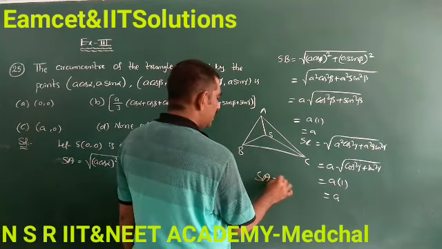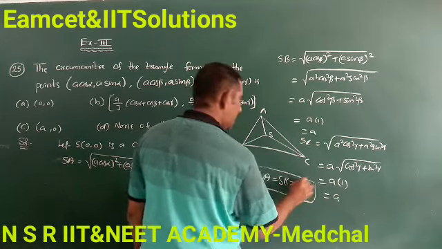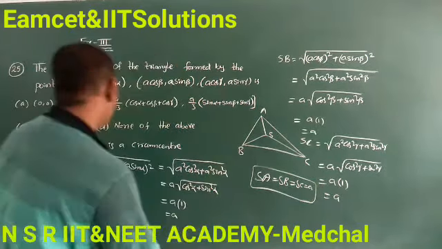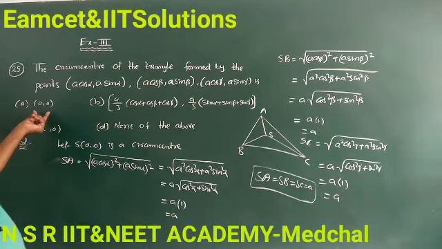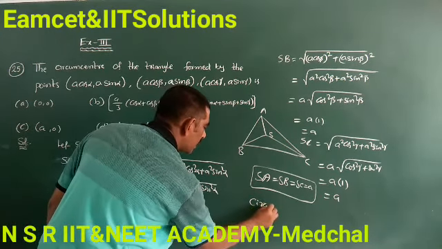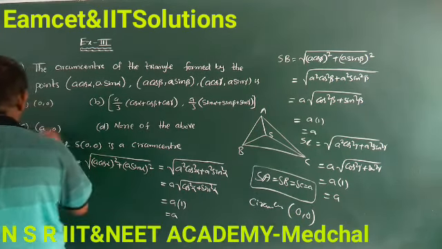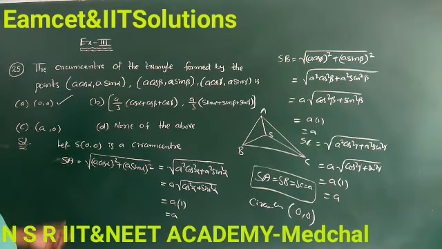So now SA is equal to SB is equal to SC equal to a. All the distances are equal from S. So our circumcenter of the given 3 points is (0, 0). So our answer is A. So no need to check the remaining options.